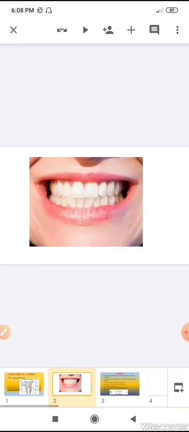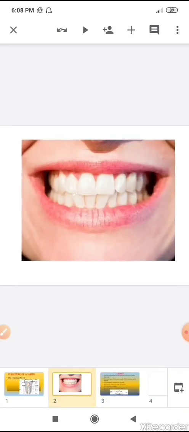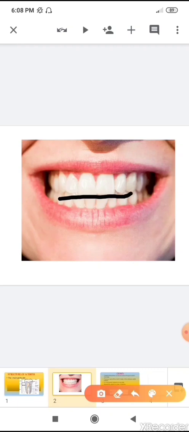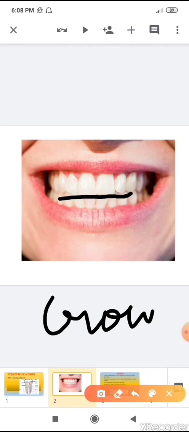Children, if you look in this picture, you will find the same part of your tooth that is visible when you look into a mirror. So this part which is visible to you is known as the crown.